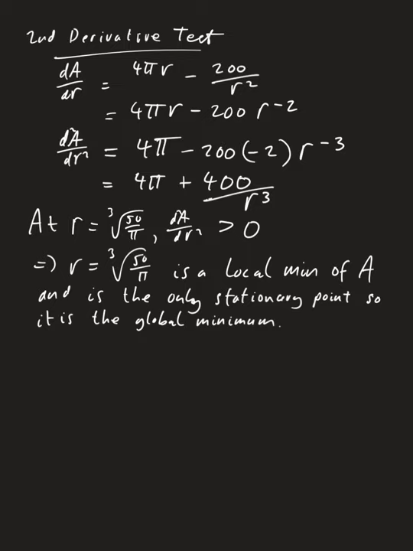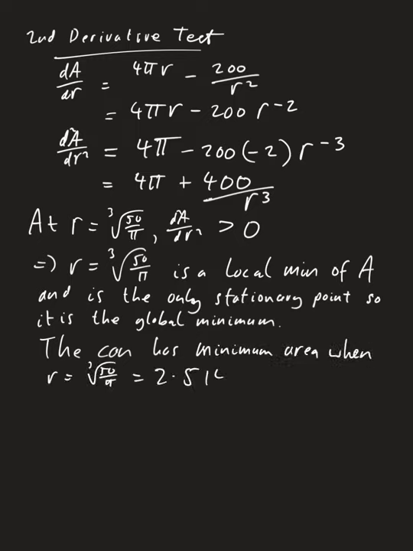So we know that the can has minimum area when r is equal to the cubed root of 50 over pi. That's equal to 2.5154 centimeters.